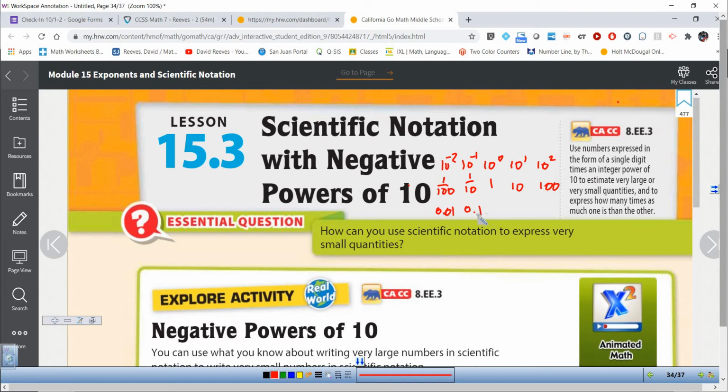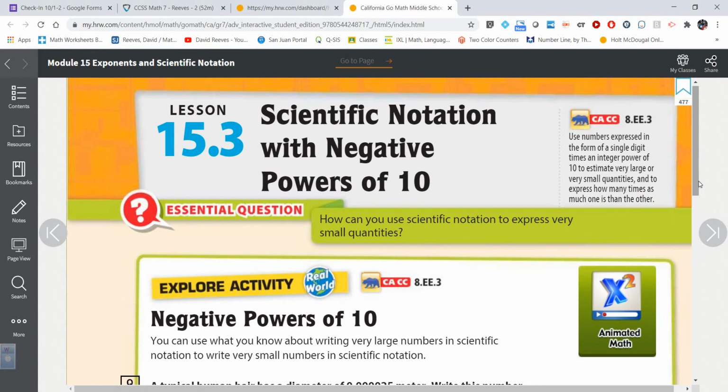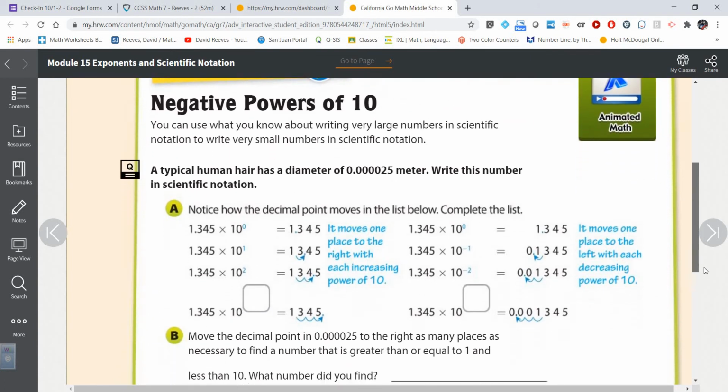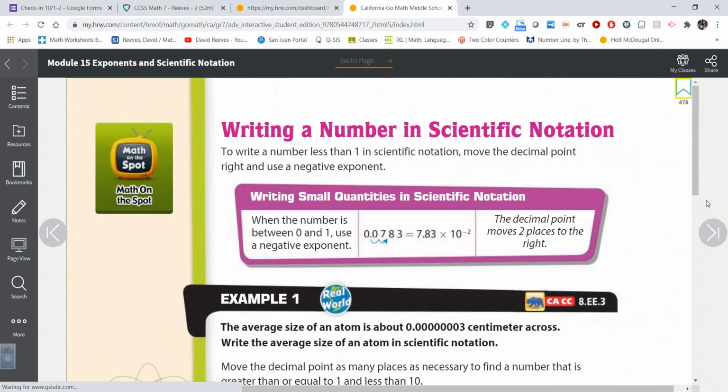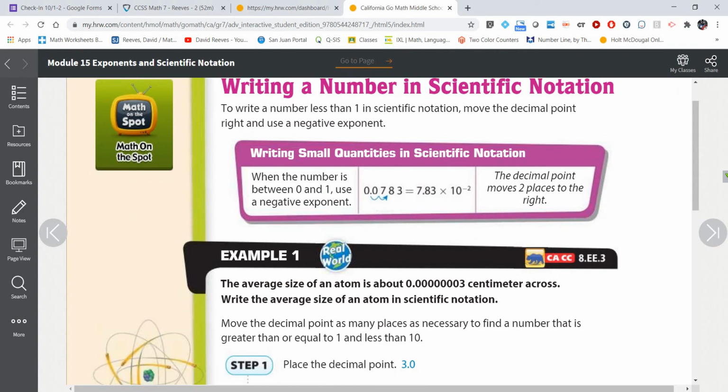So if we want to take a small decimal number and change it to scientific notation, that's when we're going to get these negative powers of 10. Because with negative powers of 10, you're repeatedly dividing by 10 or multiplying by the reciprocal of 10. I have to tell you, it's a little bit trickier to write smaller numbers in scientific notation.